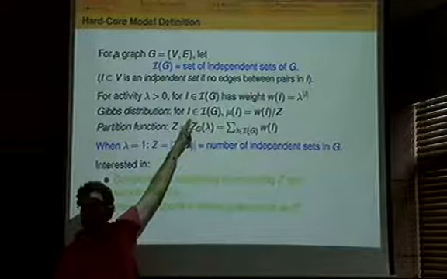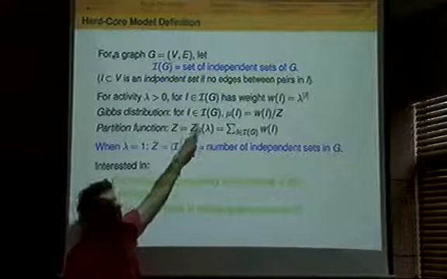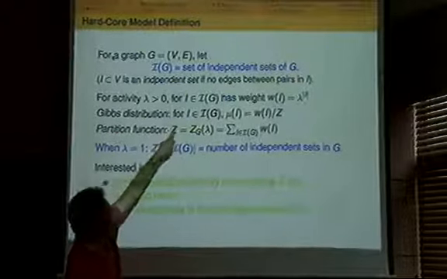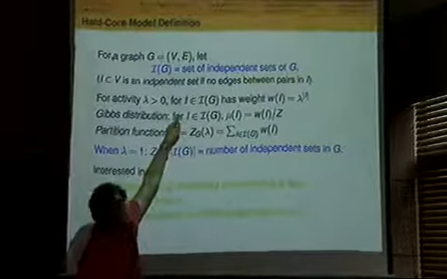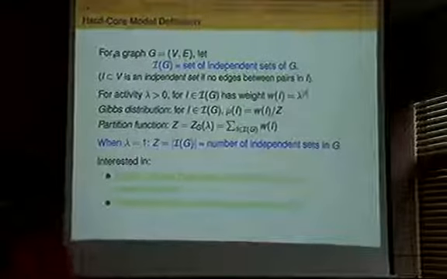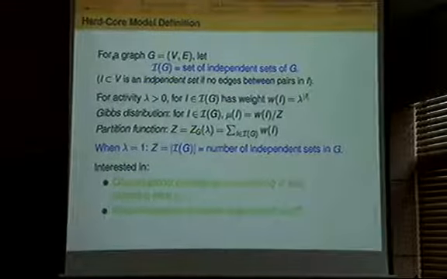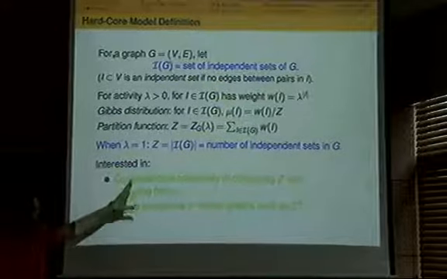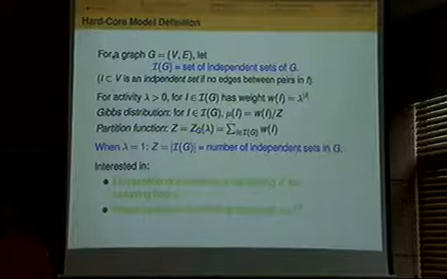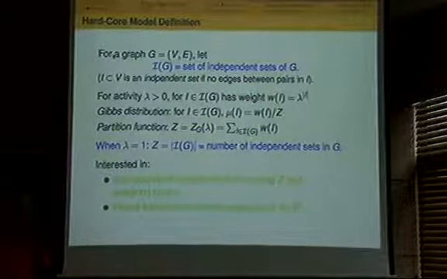If you can do one problem, you can do the other, and vice versa. If you can sample from this, you can estimate this. If you can estimate this, you can sample from this distribution, okay? So they're very closely related. We want to know when you can do it efficiently, and when it is intractable, NP-hard, okay?